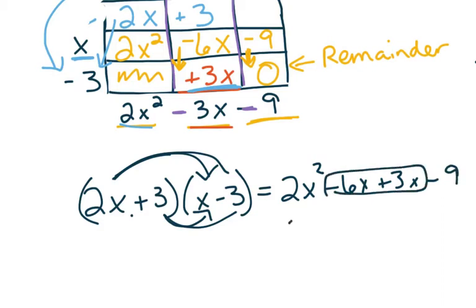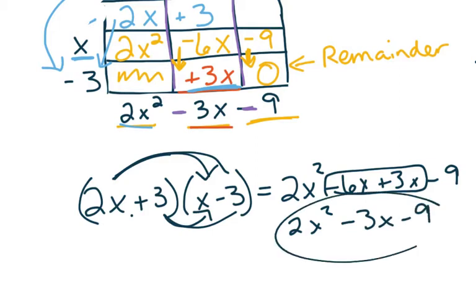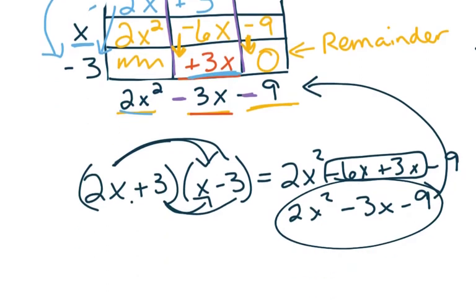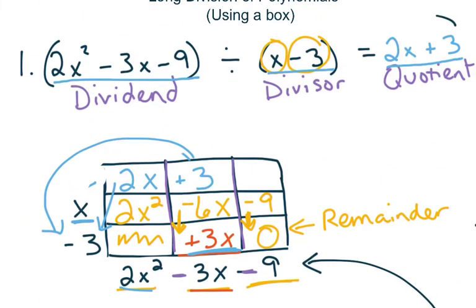Combine those and I get 2x squared minus 3x minus 9. Isn't that my original dividend? This is our check. This is our answer. Okay? All right. I know there's a lot going on there.